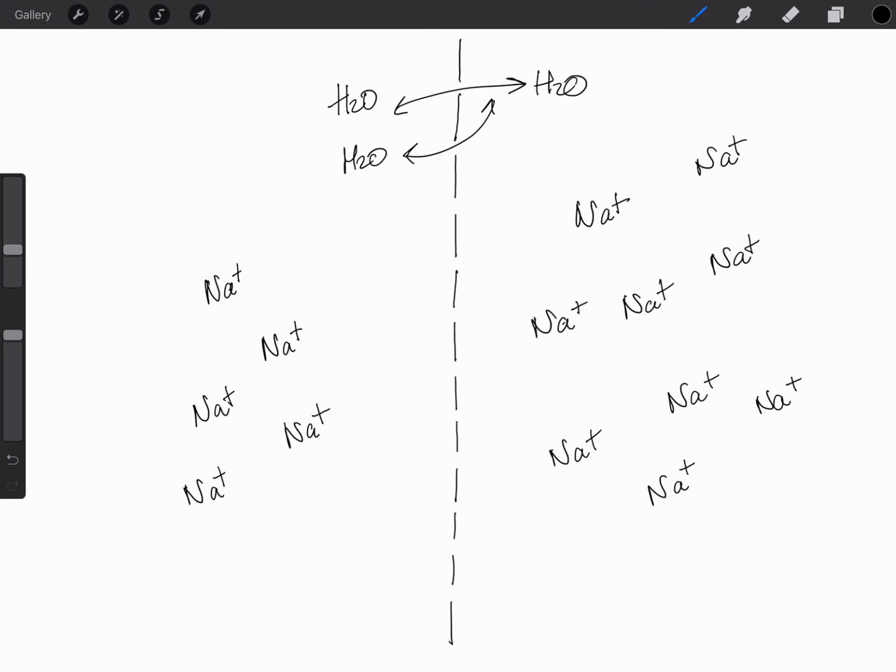One, 2, 3, 4, 5, 6, 7, 8, 9. Let's just put another one here. Okay, so the left is going to be, remember, hypotonic, and the right is going to be hypertonic. So we set the situation where hypotonic is on the left and hypertonic on the right.